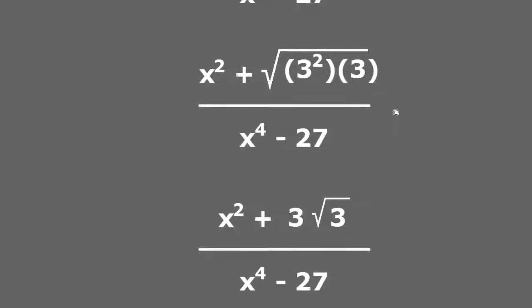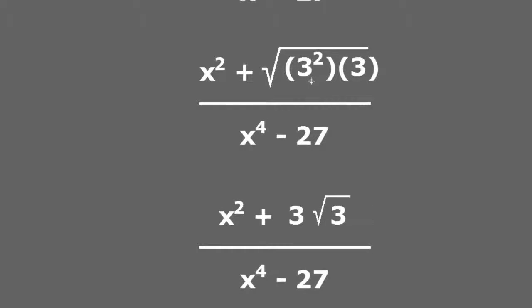So that is what I did here. The 3 with an exponent 2 goes to the outside of the square root, and the 3 that does not have an exponent equal to 2 has to stay on the inside of the square root. And after that, there is not much simplification that I can do. Okay?